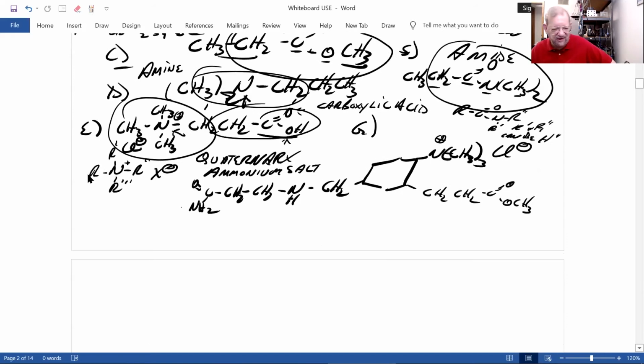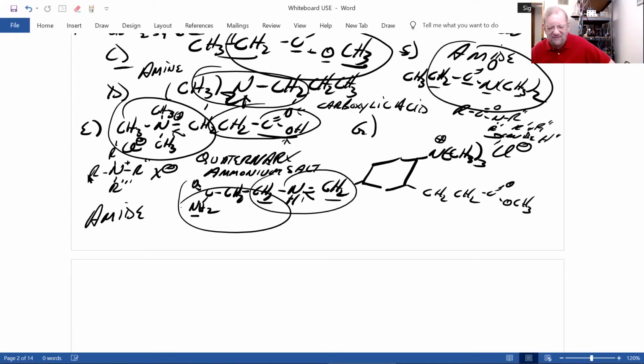And finally, G, nitrogen with R prime and R double prime, which are hydrogen. Carbonyl, that's an amide. Nitrogen here hidden away. Carbons there and there. That's an amine. And I didn't have room up above, but I can do it now. An amine.